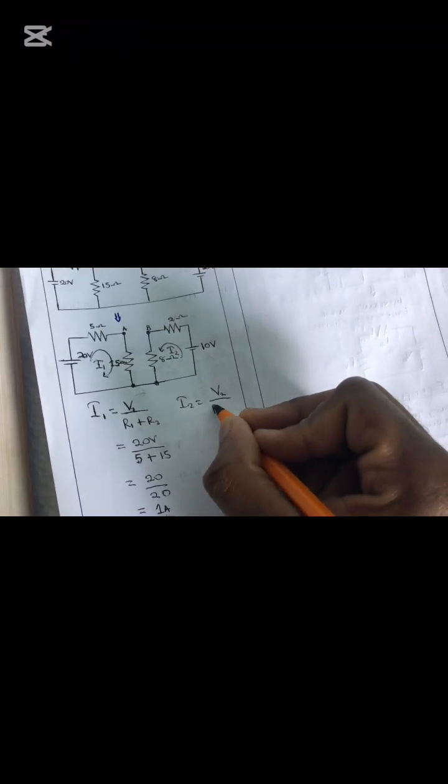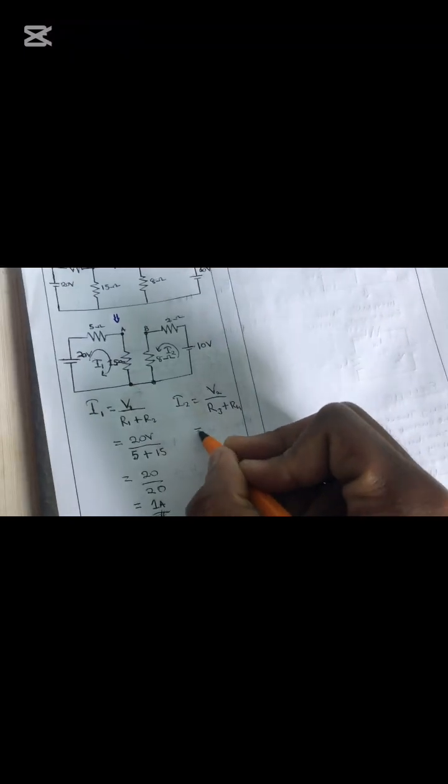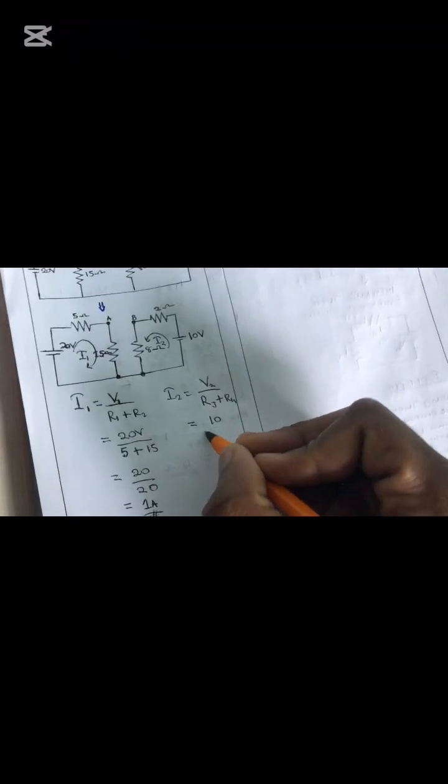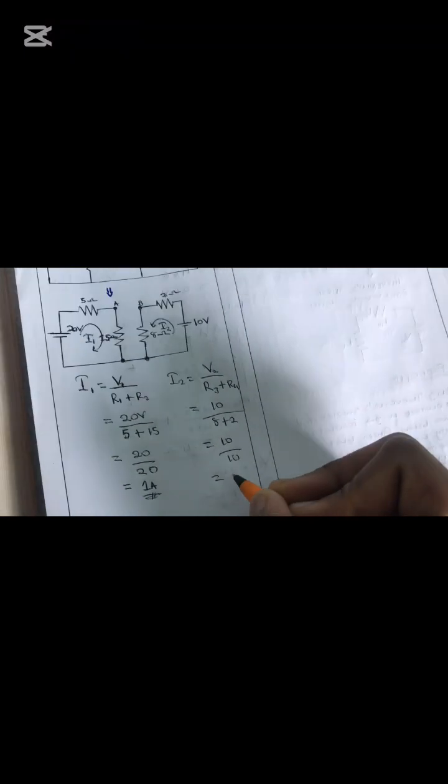Since we said this is R2, we'll say this is R3 plus R4, which is equal to 10 over 8 plus 2, which is equal to 10 over 10. So 10 divided by 10, that's 1 amp. So we've managed to find our currents in loop 1 and loop 2.